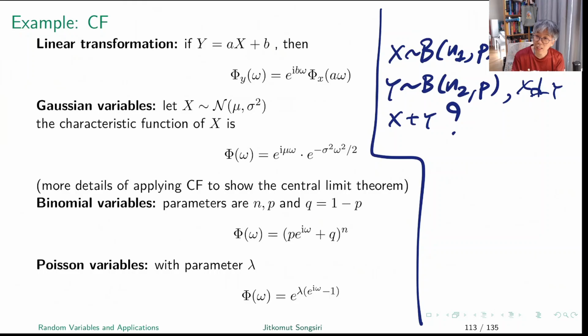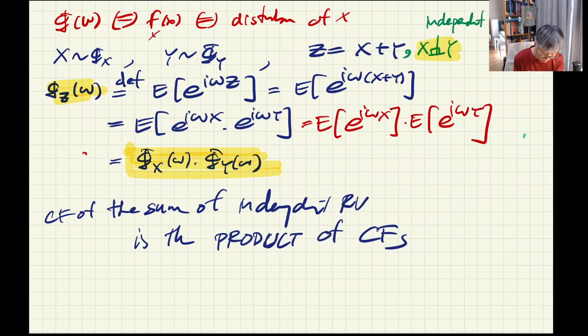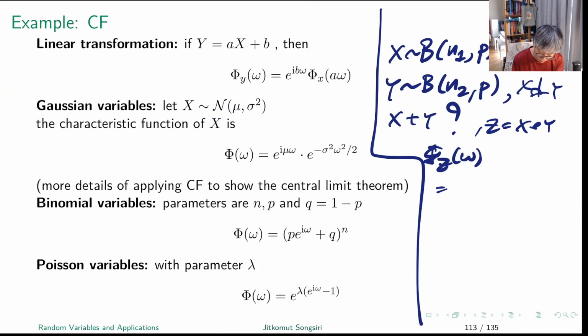I'm going to use a technique from the CF transform. So I'm going to derive the MGF, the CF of Z, the sum. And I use the previous result that it turns out to be the product.